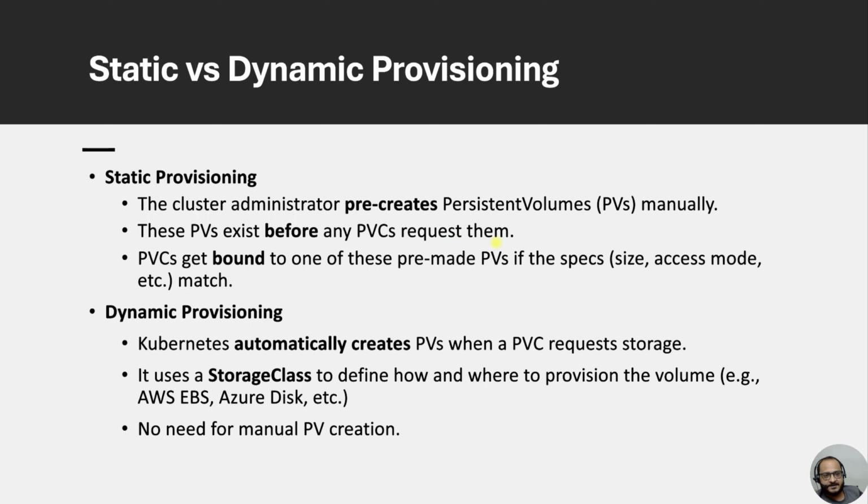Whatever configuration we specify in the PVC, if it matches with an available persistent volume created by your cluster administrator, then your application pod will be bound to one of the existing persistent volumes. If they do not find a match, then Kubernetes tries to use dynamic provisioning, but for that they need a storage class.